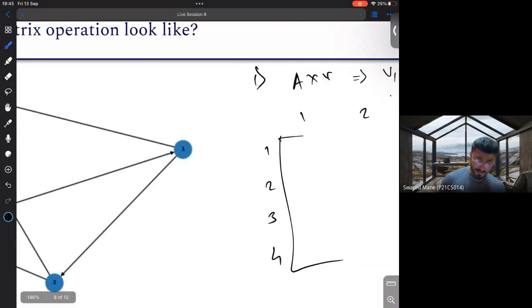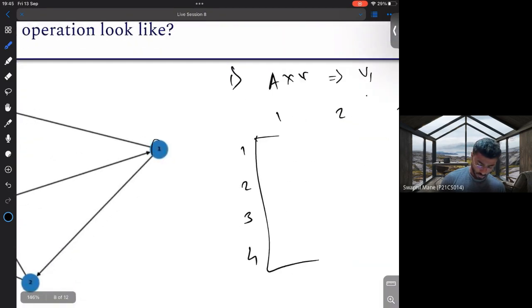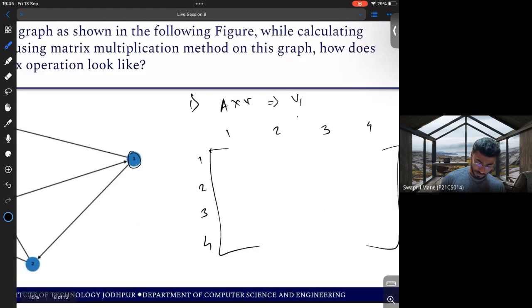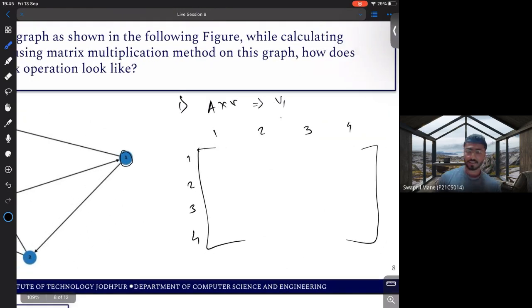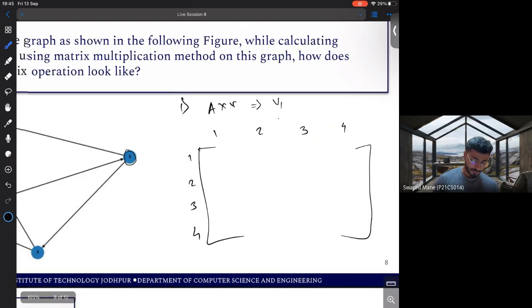So let's consider one node, node number 1. We have to see how many incoming edges it is getting.